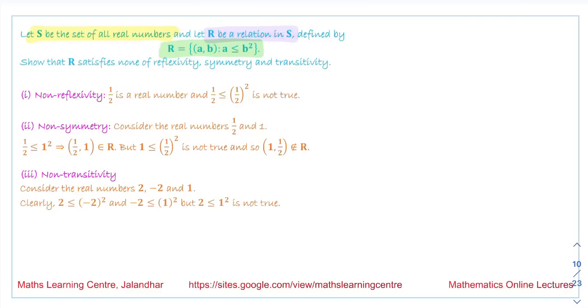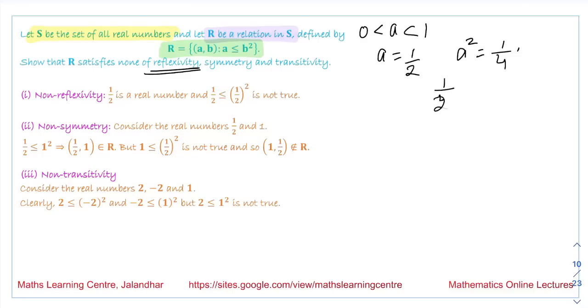So first of all, we are talking about the reflexivity. If we consider any number A between 0 and 1, say A is equal to 1 by 2, then we will have A square is equal to 1 by 4, and clearly we have 1 by 2 is not less than or equal to 1 by 4.